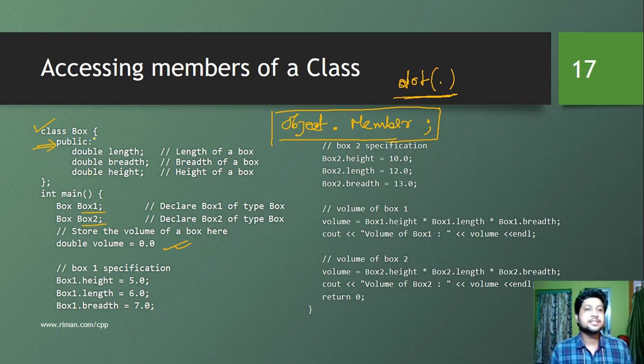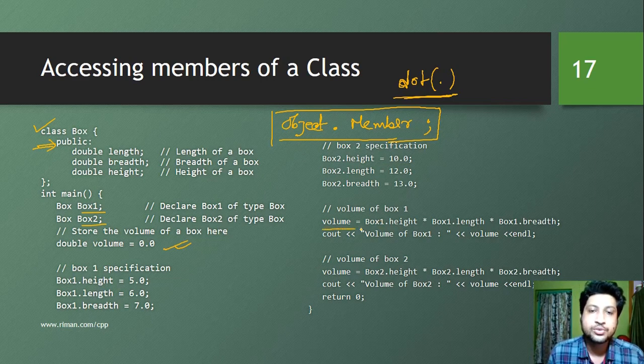In this example, as we don't have any functions, it actually looks like structure operations in C. And then we specify box 2: box 2 dot height is equal to 10, box 2 dot length is equal to 12, box 2 dot breadth is equal to 13.6. Then we are going to calculate the volume of box 1 and volume of box 2.